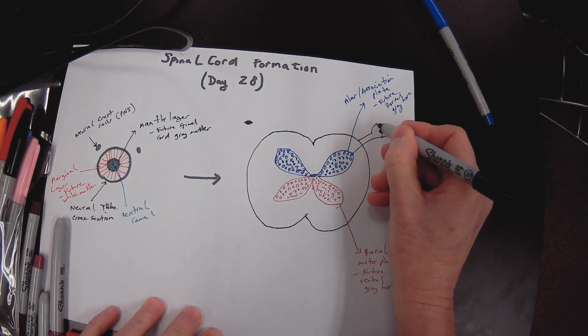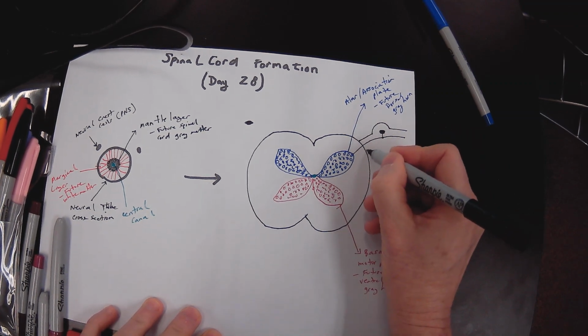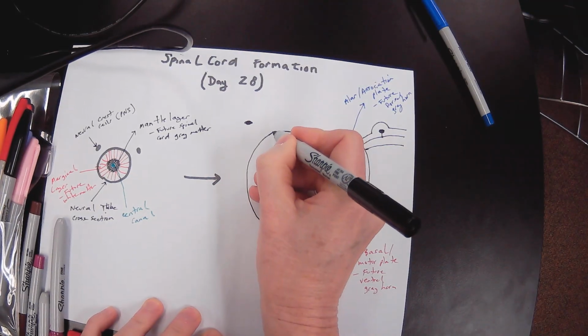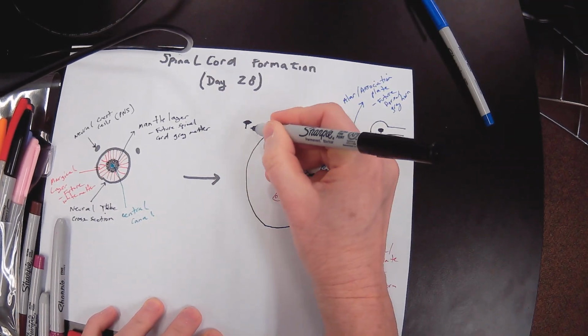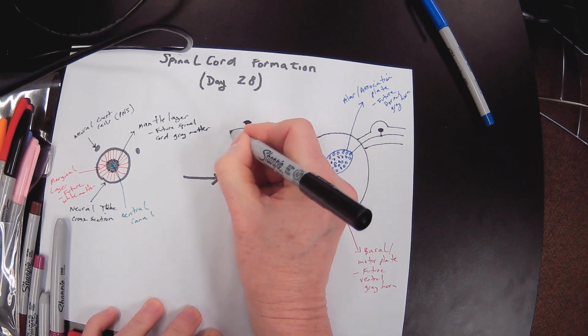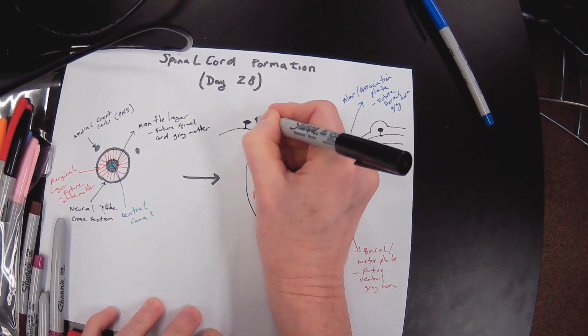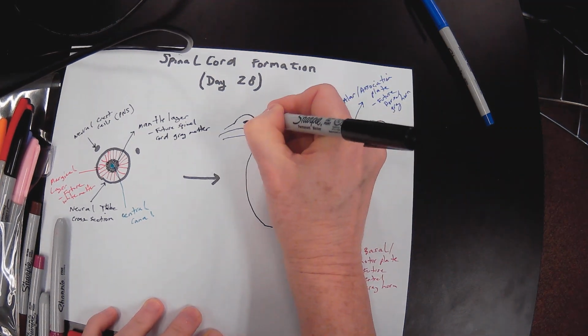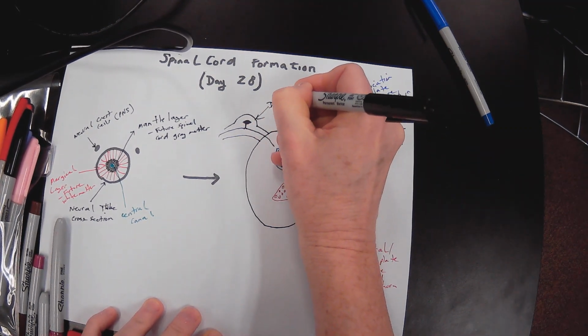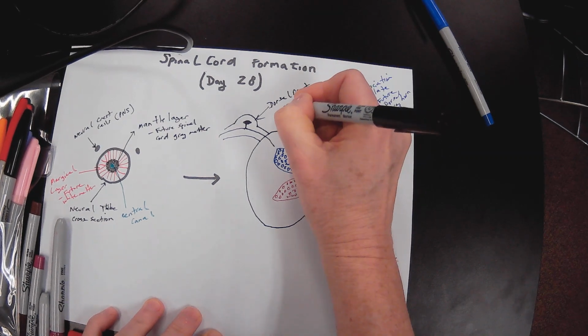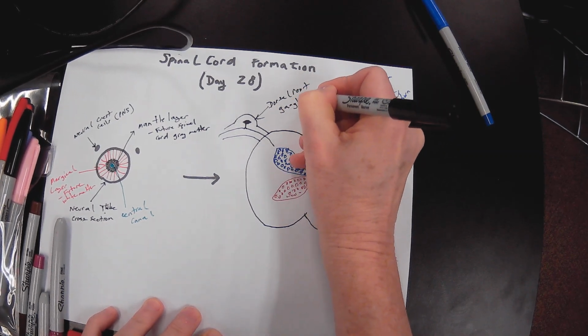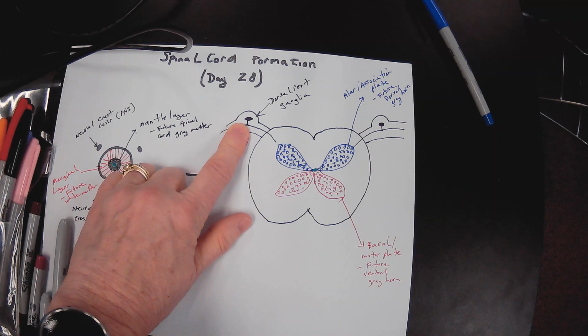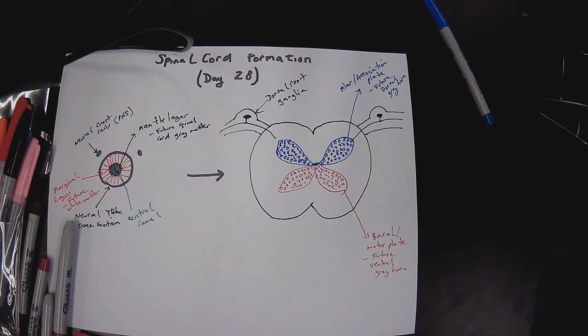All right, so there you go. And these are nothing more than your dorsal root ganglia that house first order sensory neurons.